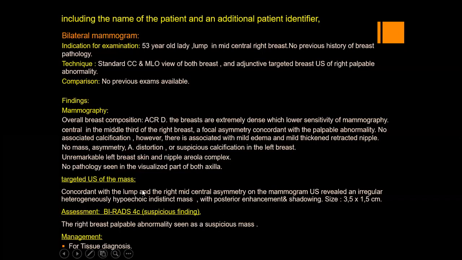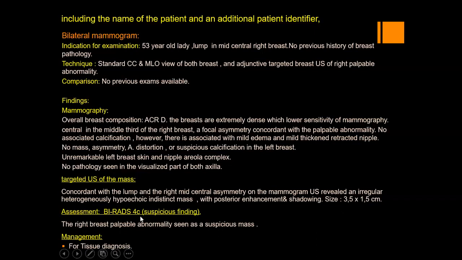Okay, targeted ultrasound of the mass concordant with the lump and the right mid-central asymmetry on the mammogram. Ultrasound revealed an irregular heterogeneous hypoechoic indistinct mass with posterior enhancement and shadowing, complex or combined enhancement as well as shadowing, size equals 3.5 by 1.5 centimeter.